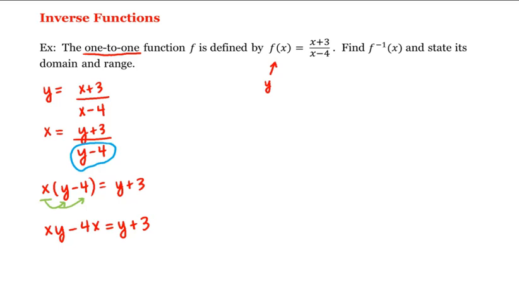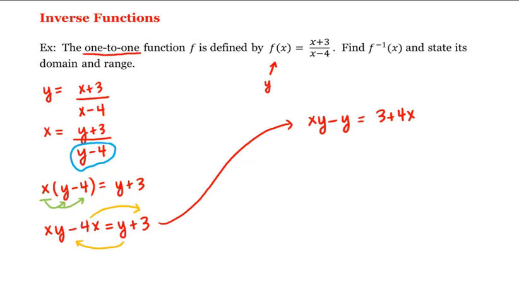Now remember, we want to solve for y, so let's bring all the terms with y in them to one side and everything else to the other. And this will give us that xy minus y is equal to 3 plus 4x.